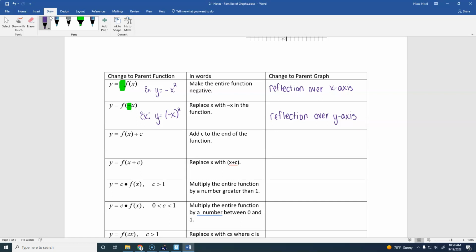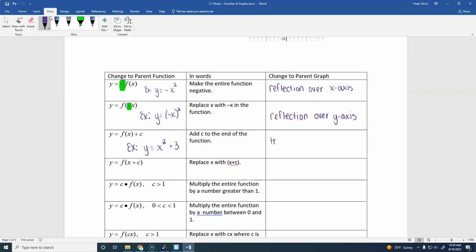All right, the next one, f of x plus c. This time we're adding c to the end of the function. This would be something like, if we're just sticking with those square examples, y equals x squared plus 3. What is that going to do to the graph? It will change your y-intercept. Speaking of the whole graph as a whole, it moves it up or down.